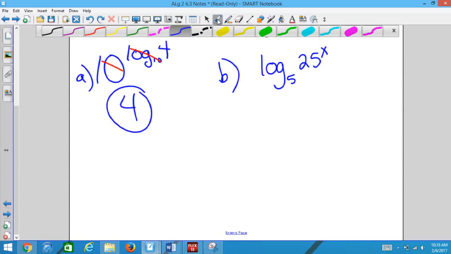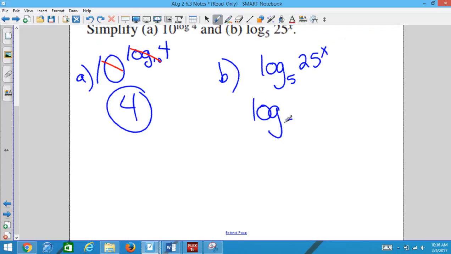And then for question B, we've got log base 5 of 25 to the x. I cannot cancel out log base 5 with 25, but I can rewrite 25 as 5 to the second. Right? 25 is 5 squared. So I can rewrite that.